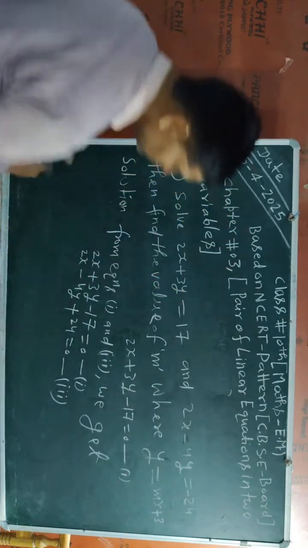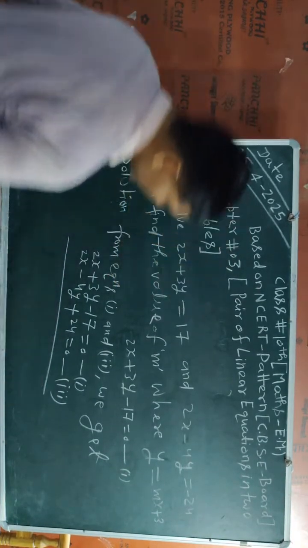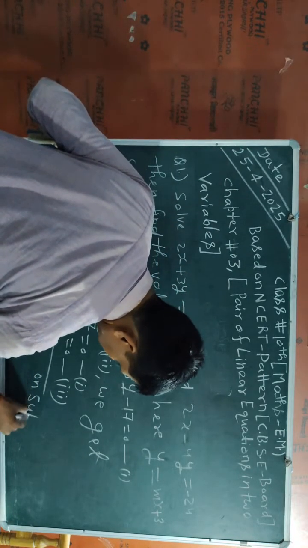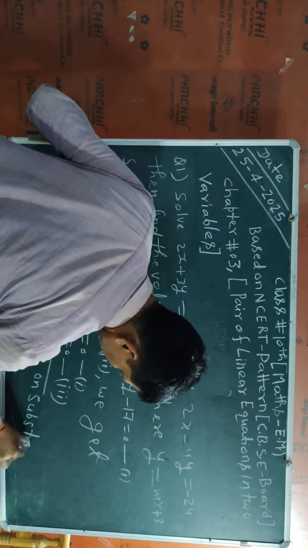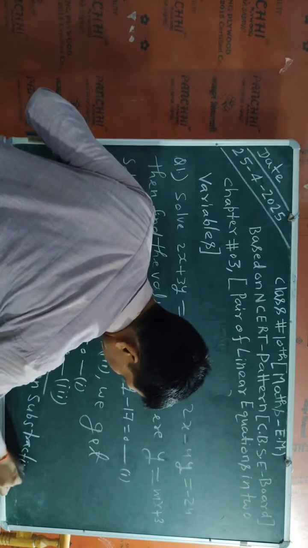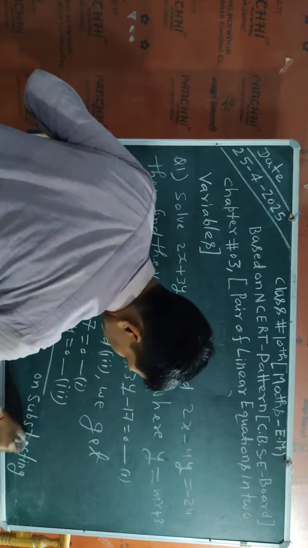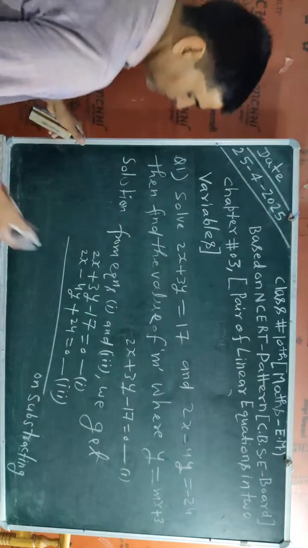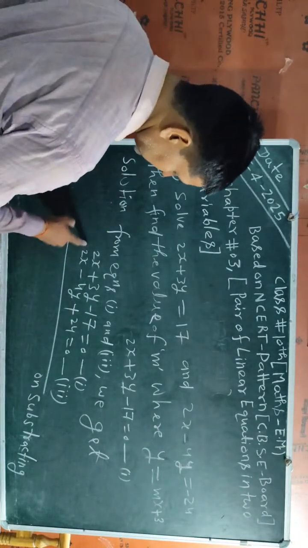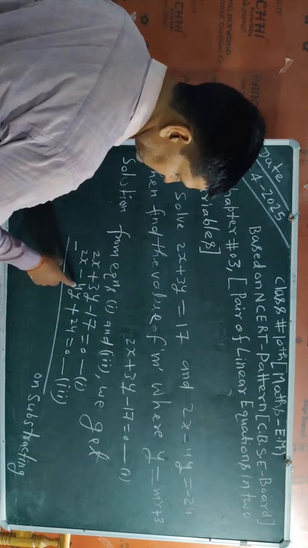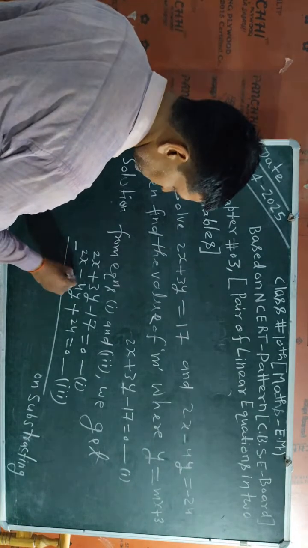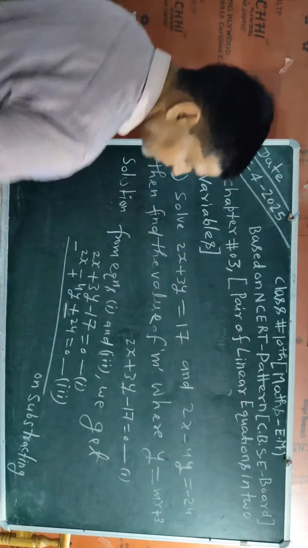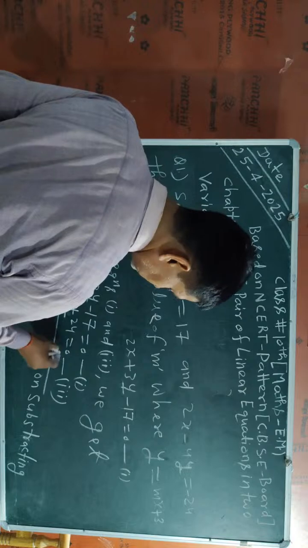Now here, on subtracting, I will change the signs. This 2x has a plus sign, so I will put minus.